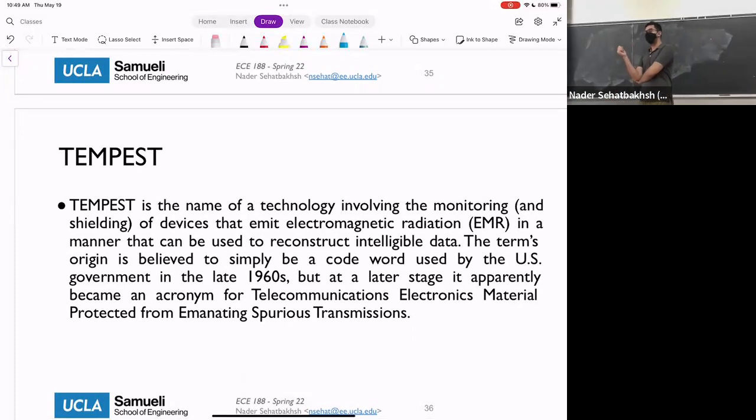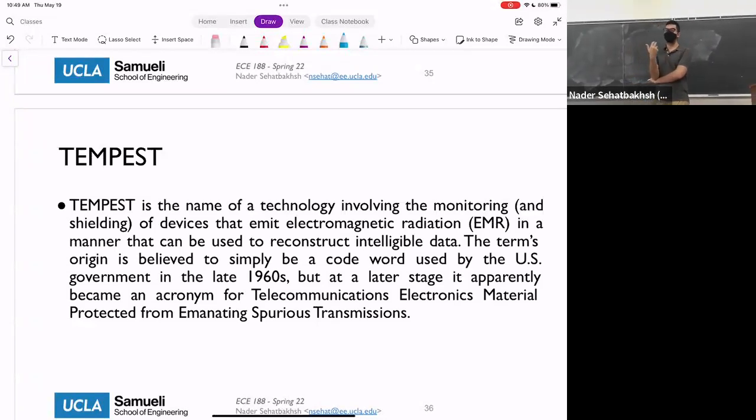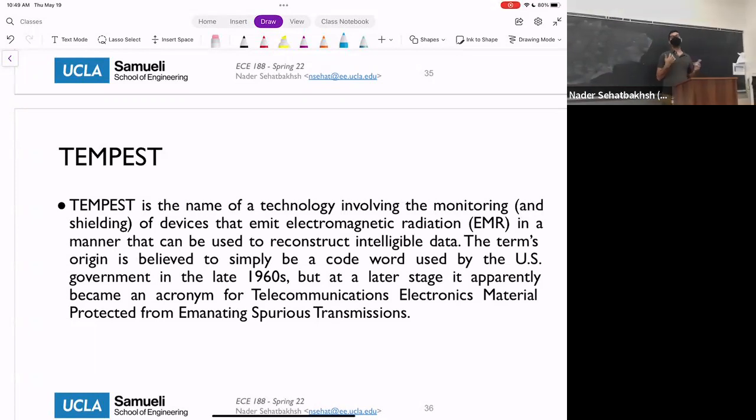Now it's actually a non-classified program, and it sets the requirements for devices. Basically, every device that we're going to use for security purposes has to follow some specific protocols and pass some specific tests, to make sure that the device is not revealing secrets about the actual information inside. This is widespread these days, and everybody is using it.